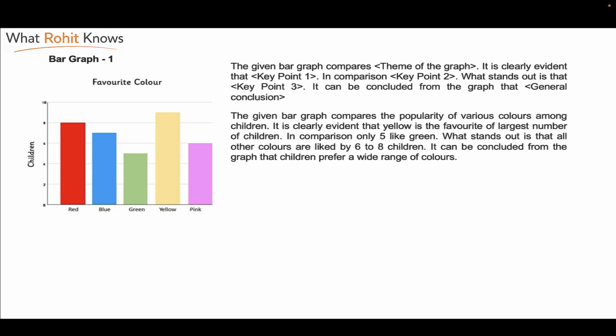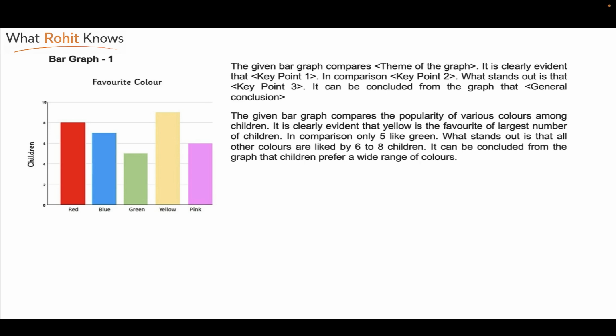For example, by looking at favorite color and children, you formed this part of the sentence, popularity of various colors among children. Then: it is clearly evident that yellow is the favorite of the largest number of children. In comparison, only 5 like green. What stands out is that all other colors are liked by 6 to 8 children. It can be concluded from the graph that children prefer a wide range of colors.